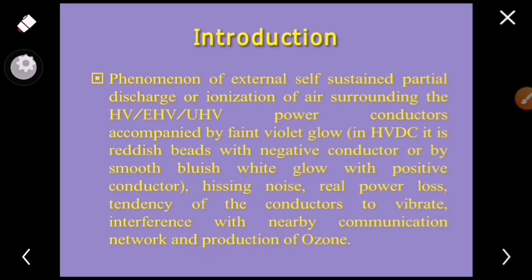Production of the ozone is not at all useful to power engineers because it is responsible for corrosion of the conductors. Well, corona can be observed in case of HVDC transmission line as reddish beads with negative conductor or by smooth bluish white glow over the positive conductor.